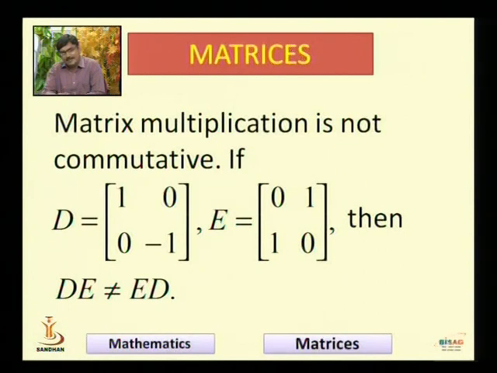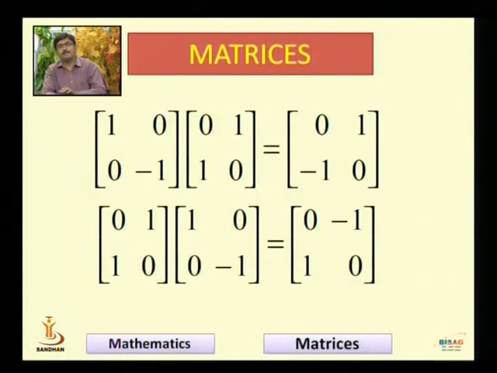So I have taken D and E, two square matrices of order 2. Now let us try to see what is D times E and what is E times D. Look over here, the multiplication of these two matrices is written over here.